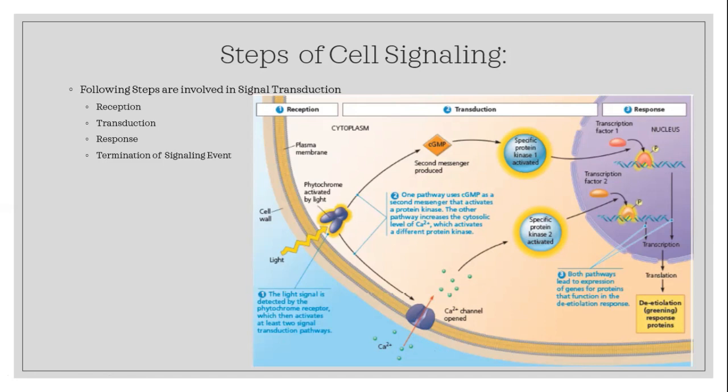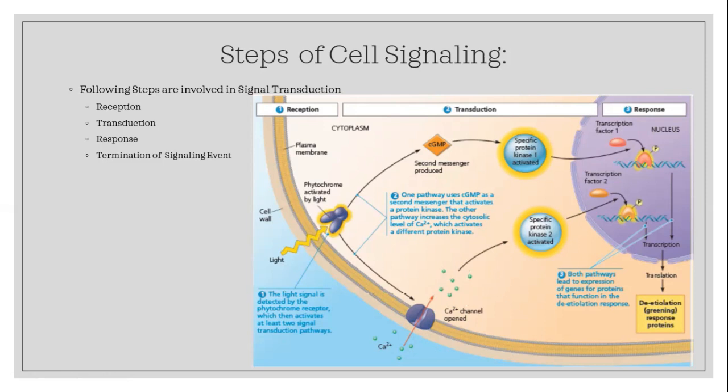These will ultimately lead to formation of a signal, and this signal will be transduced into the cell. You can see there are molecules formed. This is cyclic GMP which is formed, which is nothing but a secondary messenger. Here calcium ions are released into the cytoplasm.